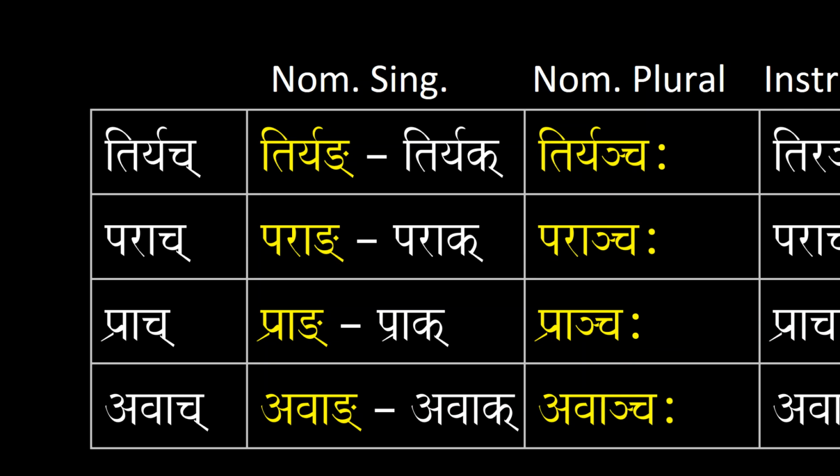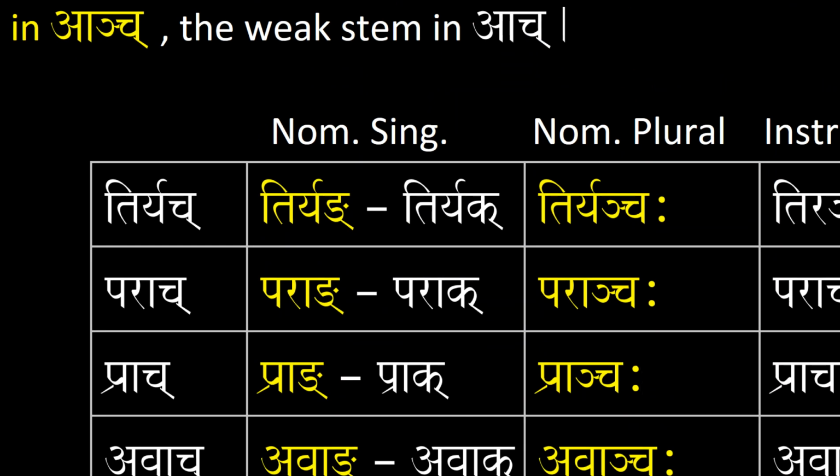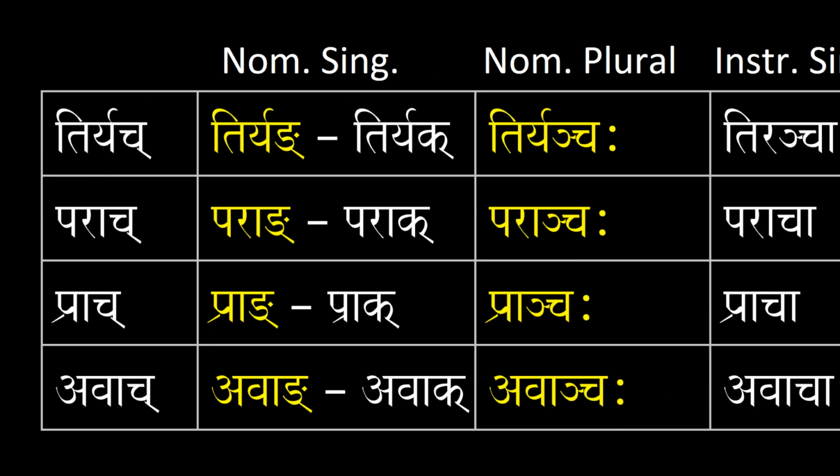Since there's no middle stem, you're going to use the weak stem instead. So for neuter nominative singular going down, you're going to have tiryak, parak, prak, and avak. That's because the weak stem is ach, correct? But then that final cha has to be changed into a ka according to consonant sandhis.